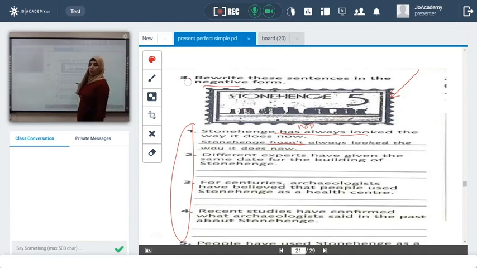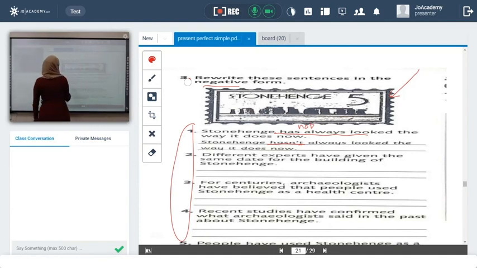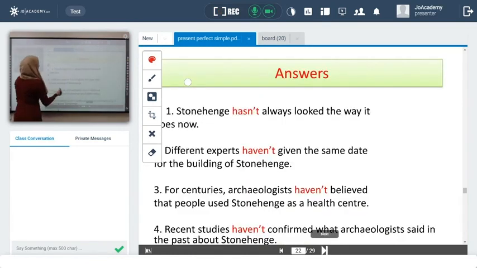Now, what about number 2? Can you do number 2? Let's read it first. Different experts have given the same dates for the building of Stonehenge. Number 2 is here.